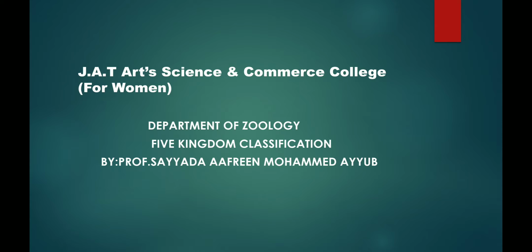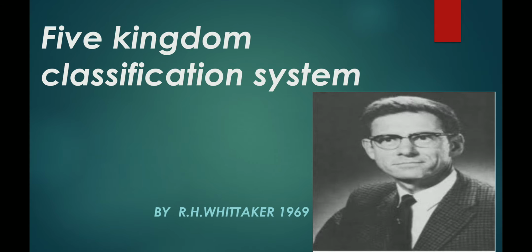Today in this video, I will discuss the 5 kingdom classification system. The 5 kingdom classification system was given by R.H. Whittaker in 1969. This system shows the phylogenetic relationship between the organisms.